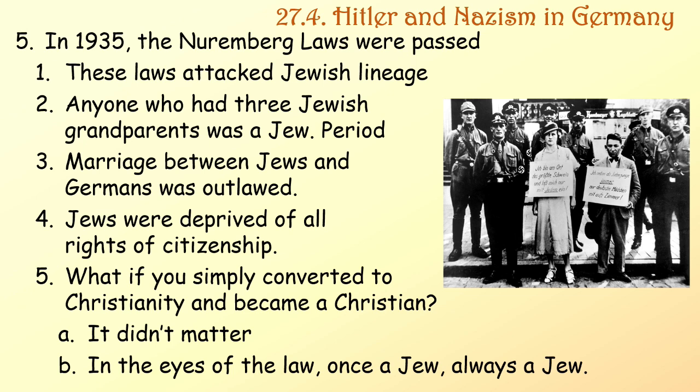These laws attacked Jewish lineage. Anyone who had 3 Jewish grandparents was a Jew, period. Marriage between Jews and Germans was outlawed. Jews were deprived of all rights of citizenship. What if you simply converted to Christianity and became a Christian? It didn't matter. In the eyes of the law, once a Jew, always a Jew.